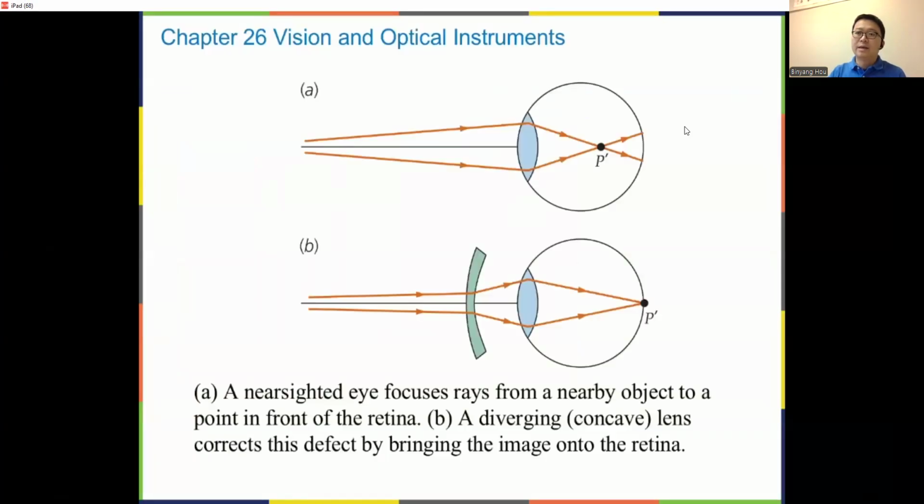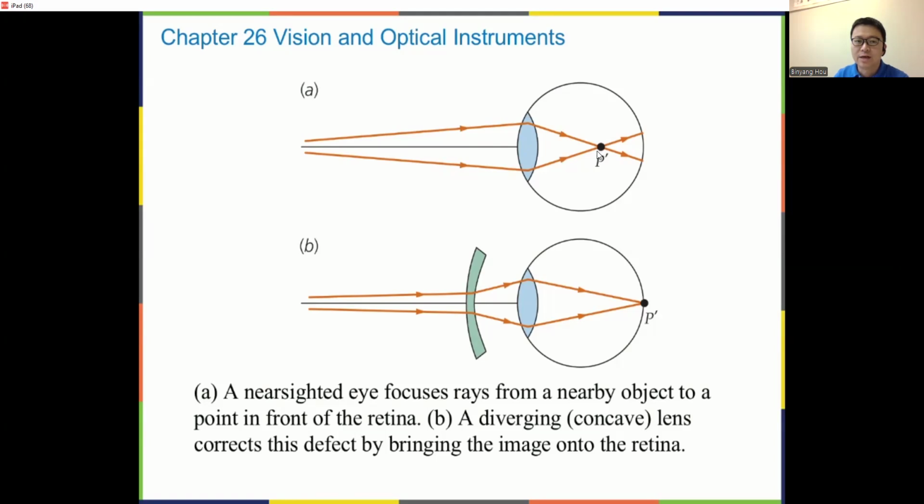All right, so then we'll turn to chapter 26, which is about how our eyeball works, and the correction of your eyesight if it is not perfect. This is how it works. This is kind of a convex lens in your eyeball, and the rays that come in will be converged.